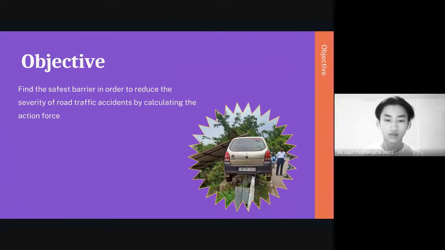And now is our objective, which is to observe which material is the safest barrier in order to reduce the severity of road traffic accidents by calculating the action force. This report presents a discussion on the optimal choice of the material of the barrier.